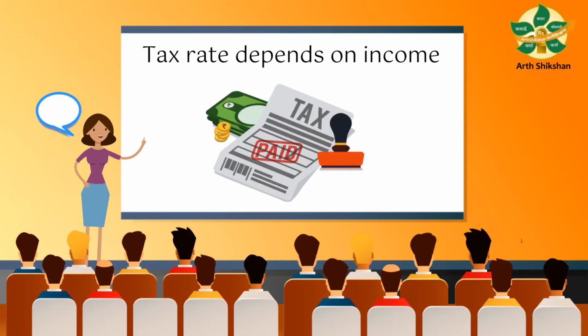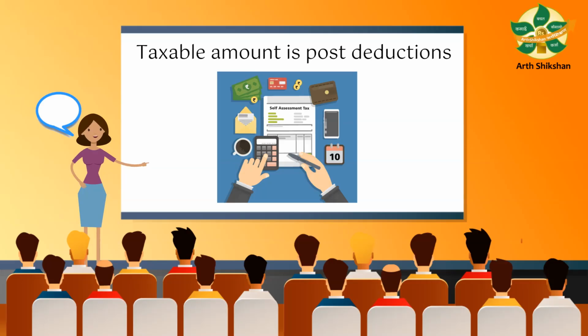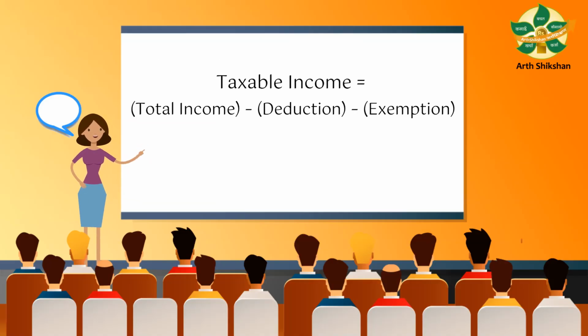The applicable tax rate is determined based on your income category and is applied to the final taxable amount. This final taxable amount is calculated after considering all deductions and exemptions from your total income. The taxable income is equal to total income minus deduction minus exemption.